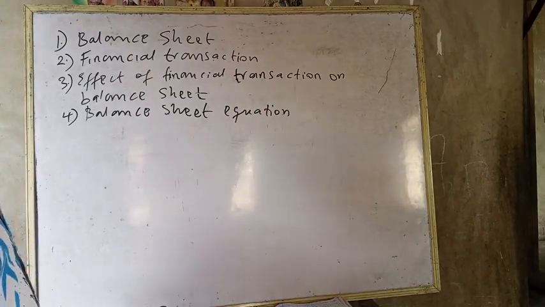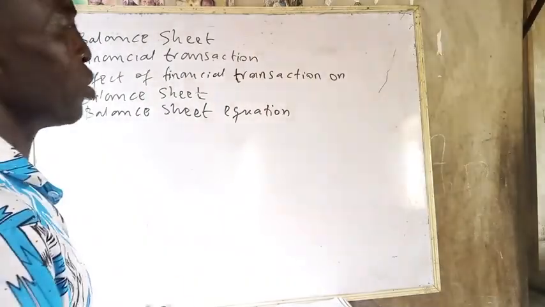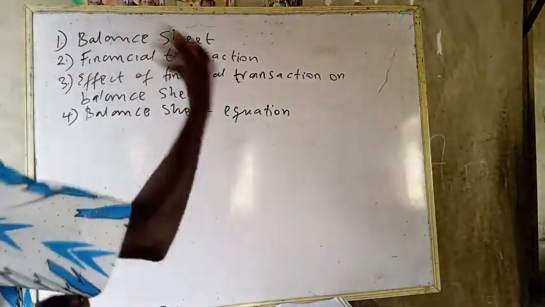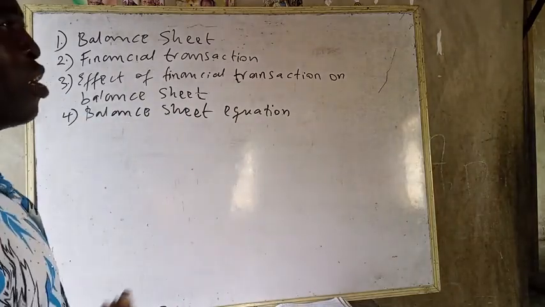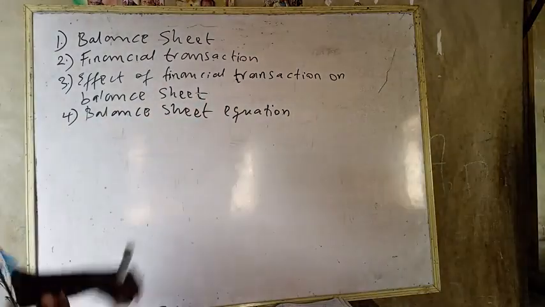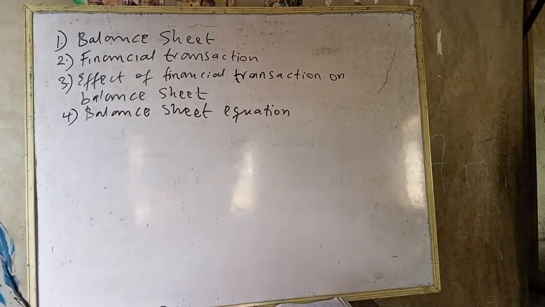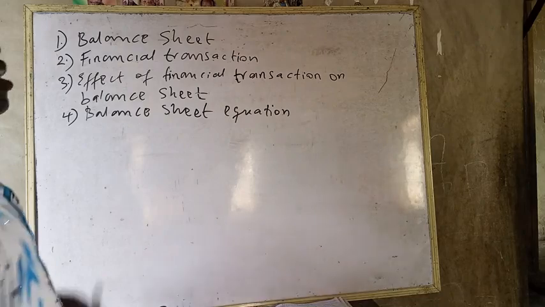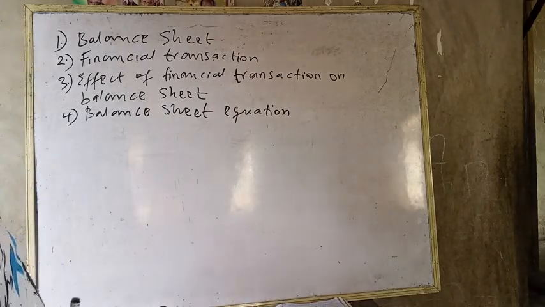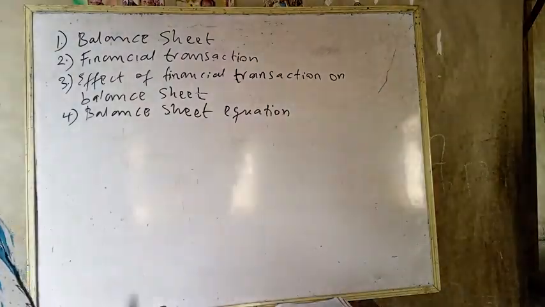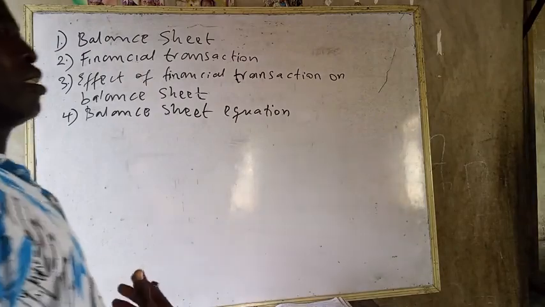Let's say another day the business buys goods and makes payment. It has two effects on the business and on the balance sheet. Another day, maybe the business buys goods on credit.